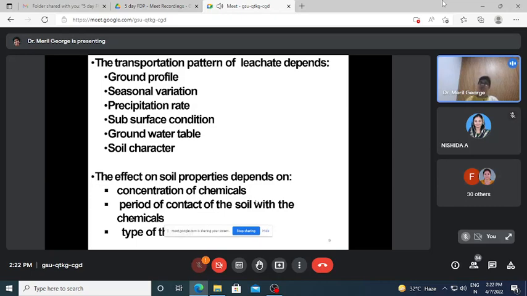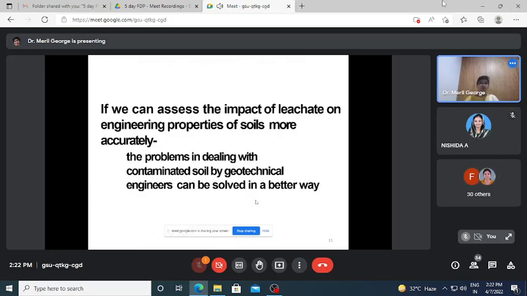Concentration of chemicals definitely depends upon the composition of waste, the period of contact of these chemicals with the soil, and the type of soil also. Type of soil will have a major effect on the soil properties. So if we can assess the impact of leachate on the engineering properties of soil, the problems of dealing with contaminated soil by geotechnical engineers can be solved in a better way.